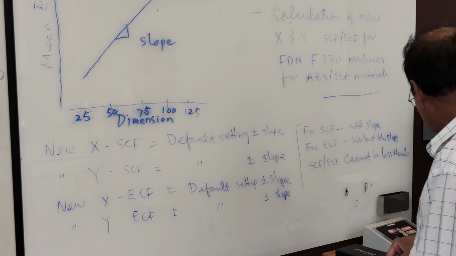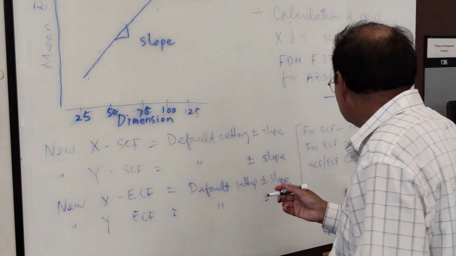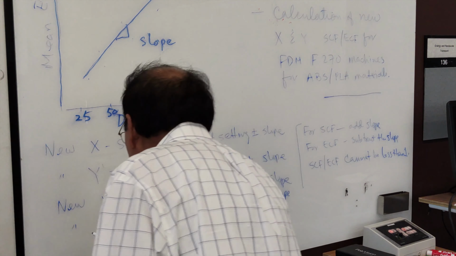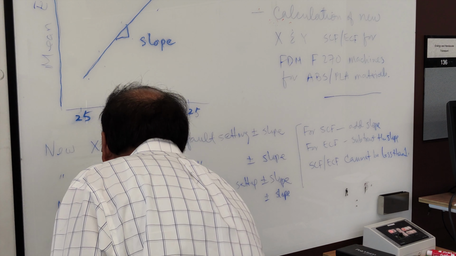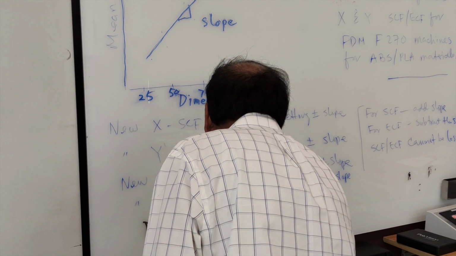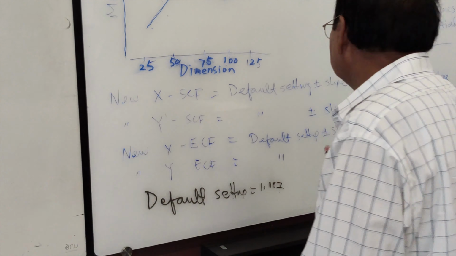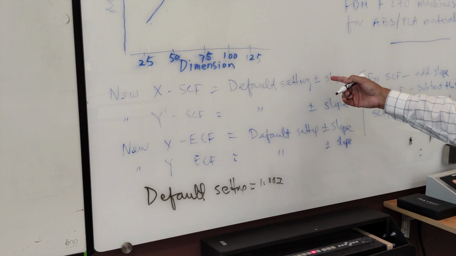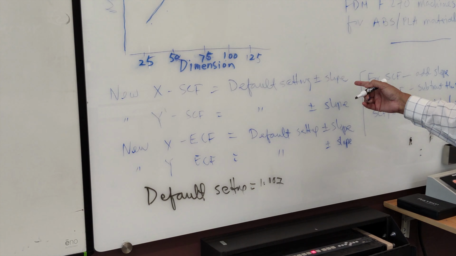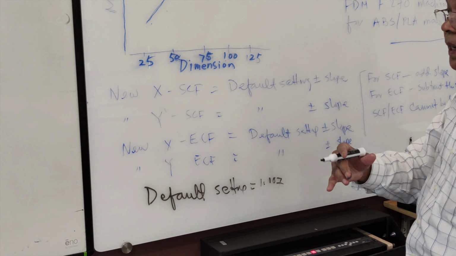The default setting is equal to 1.007. So you use that default setting and add or subtract the slope to find the shrinkage factor, or in some cases, the parts expand.